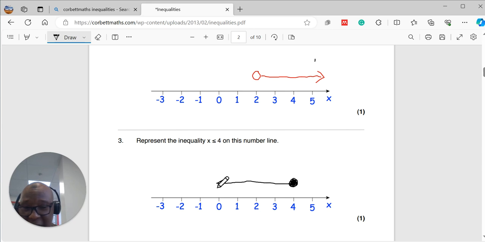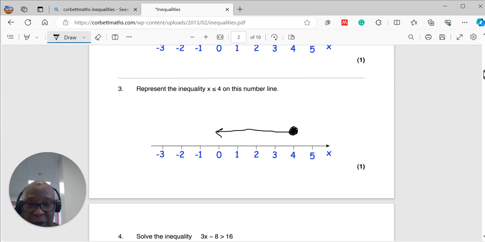And of course, that's 3, 2, 1, 0, minus 1, minus 2, minus 3 to negative infinity. And there you go. So if it's the crocodile jaws, greater than or less than, we open the circle. If it's greater than or equal to or less than or equal to, we close the circle.